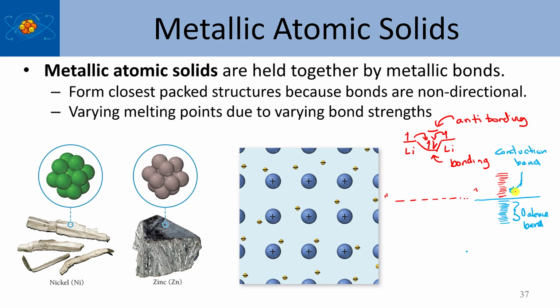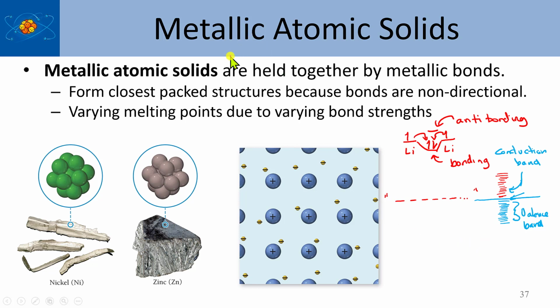The energy difference here between the valence band and the conduction band for most metals is really small, which is why they conduct electricity very easily, because thermal energy, just the room temperature energy, allows them to be promoted to that conduction band, and then they can move freely through the available antibonding orbitals and conduct electricity through there.